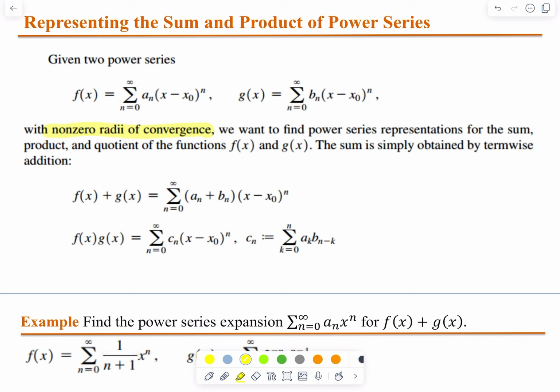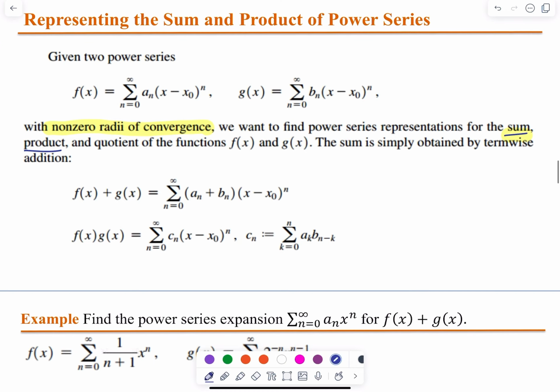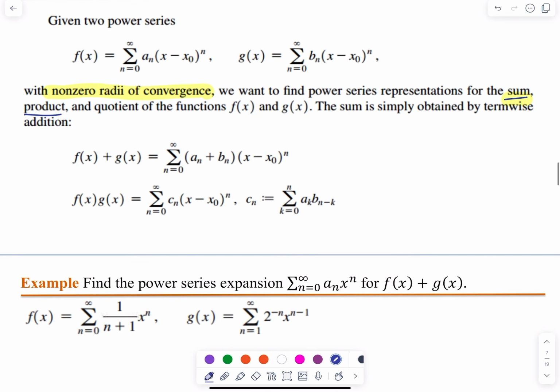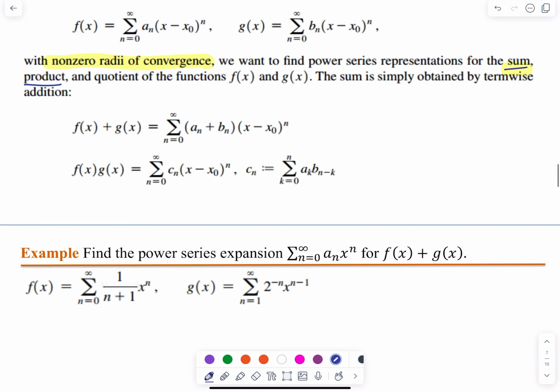We want to find a power series representation for the sum, the product, and the quotient of the functions. And really, we're just going to be looking at the sum and the product in this lesson of f and g. And the sum is simply obtained by term-wise addition. And you can see that here.